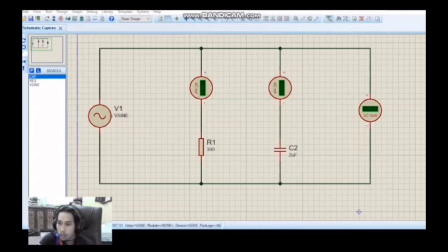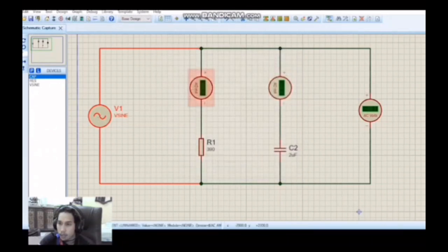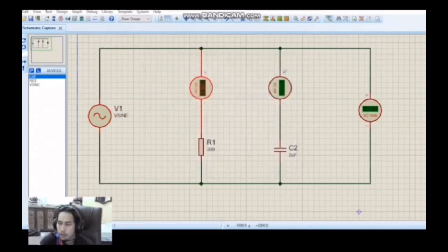so we set the value for V supply, the amplitude is 10 volts and 50 hertz, and for both meters, for the ammeter, we set the power range in milliampere, and this is the voltage.